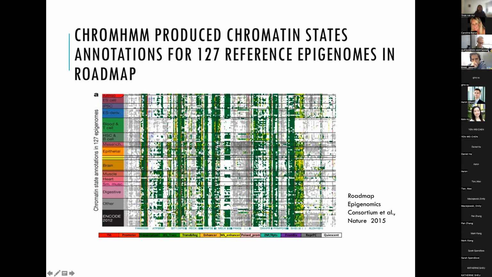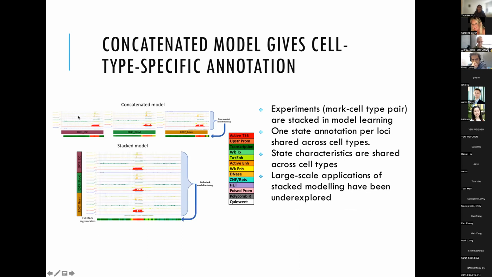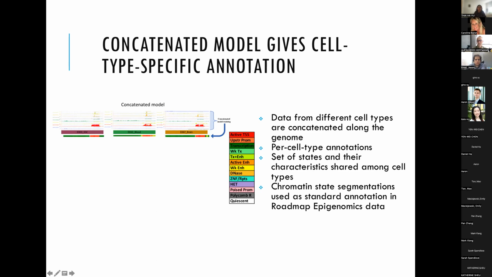What I just showed you are the output of what we call the concatenated model of ChromHMM. This concatenated modeling gives us per cell type, or cell type specific, annotations. The way this model is learned is that the input data from different cell types are concatenated into one long genome, so the input data is much longer than our actual genome.